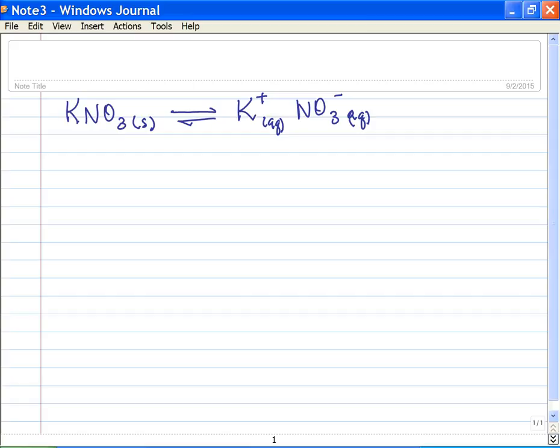So whatever the concentration of the starting material, which is our potassium nitrate, is, then that is what the concentration of each of the ions will be. So basically what we have to do is calculate that concentration over a range of volumes.